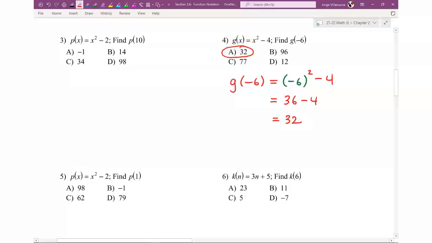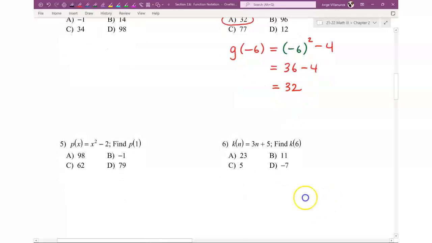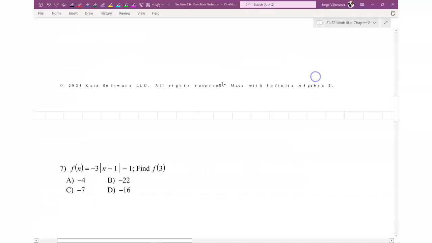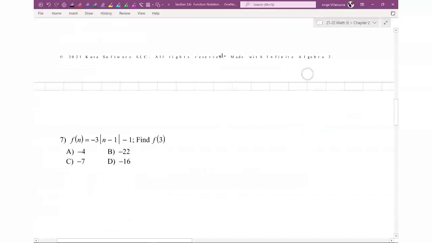Okay? So, can you see how this isn't really difficult to do, right? It's not that hard. You just got to make sure you keep your work in order, calculate properly. You should be good. Now, there are some problems. I'm not going to do 7 because I want you guys to try it. Let me just remind you, this is called an absolute value, okay?